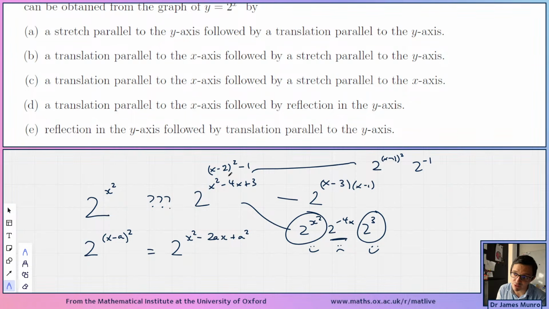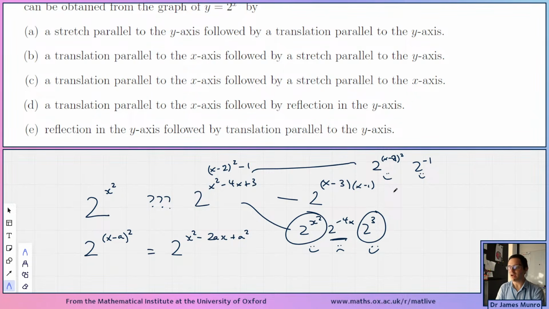By simplifying the quadratic first, completing the square as a way to simplify the quadratic, I can get fewer terms in here, which make me smile, because that one's a stretch by a factor of 1 over 2, and this one is a translation. I've still got to think about what order they're happening in, I think, but maybe it doesn't matter. Okay.